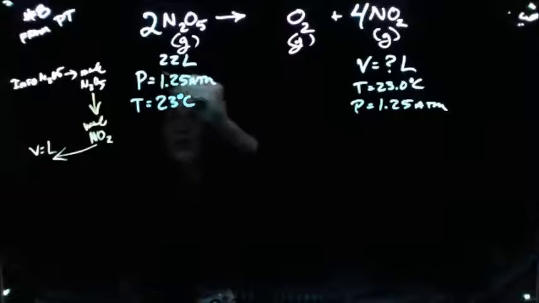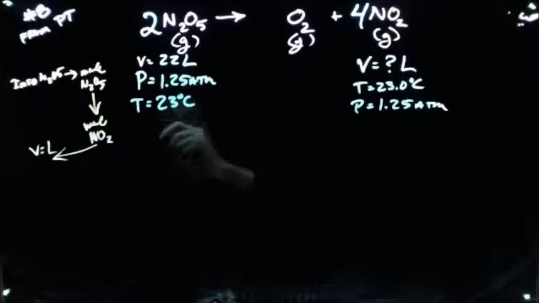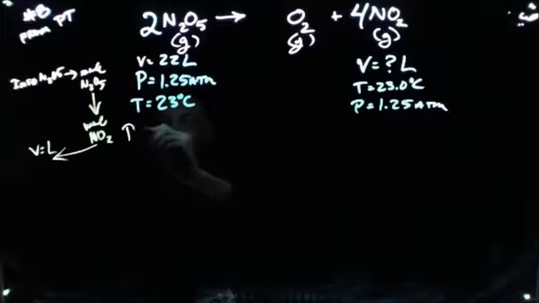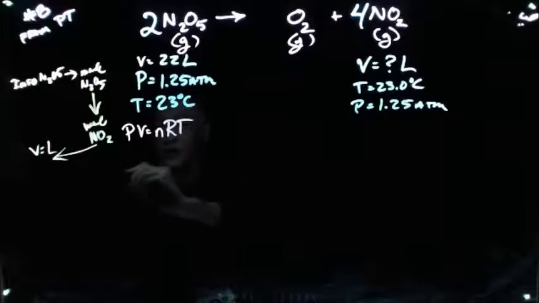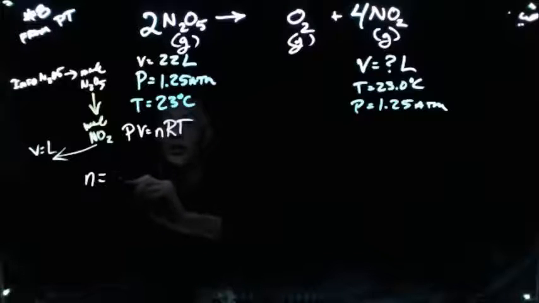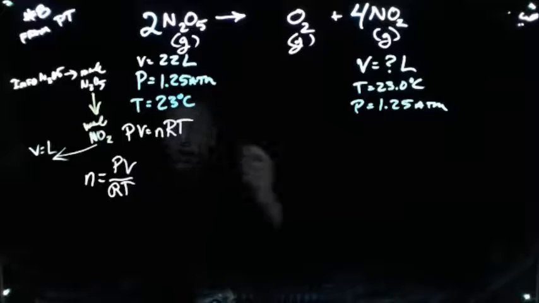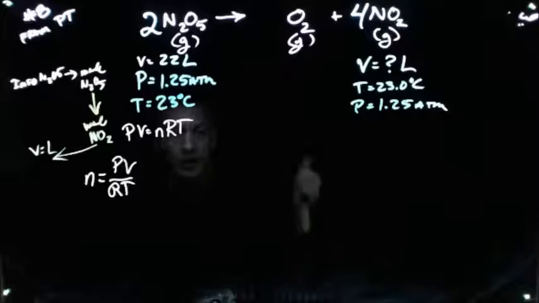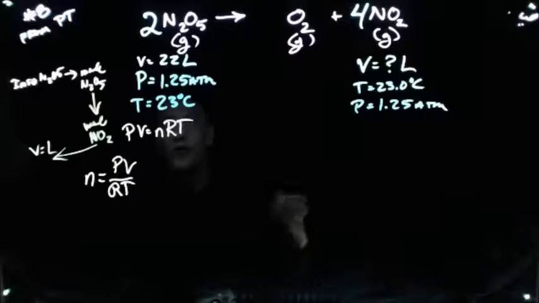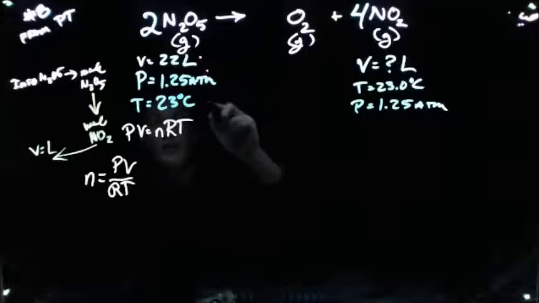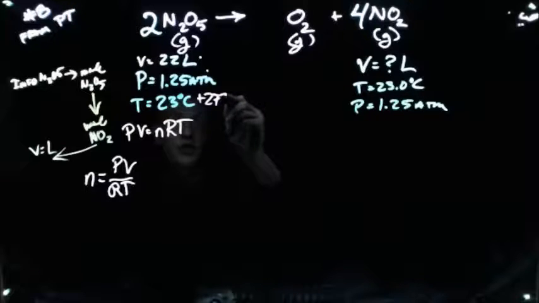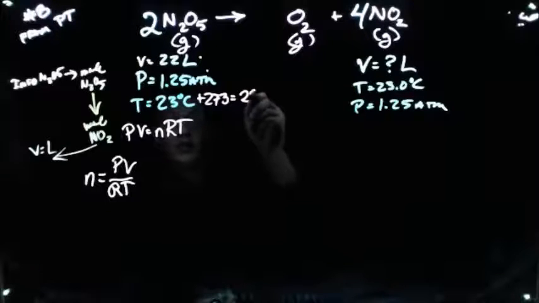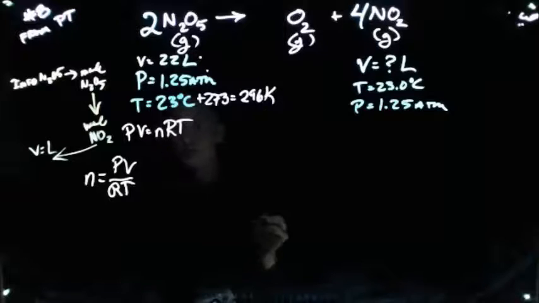If I know volume, pressure, temperature, and want moles, it's going to be the ideal gas law, PV equals nRT. And rearrange that to solve for moles. n is going to equal PV over RT. Remember, R is 0.0821 liter atmospheres per mole Kelvin. So liter atmospheres, but temperature needs to be in Kelvin, so we're going to add 273, so that gives you 296 Kelvin.